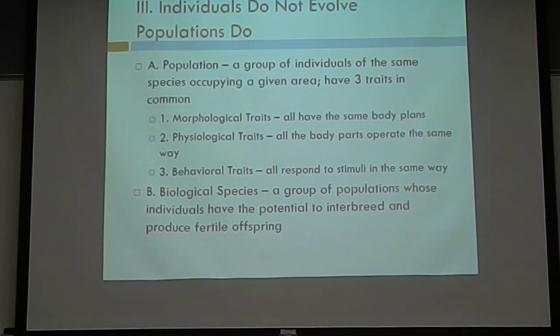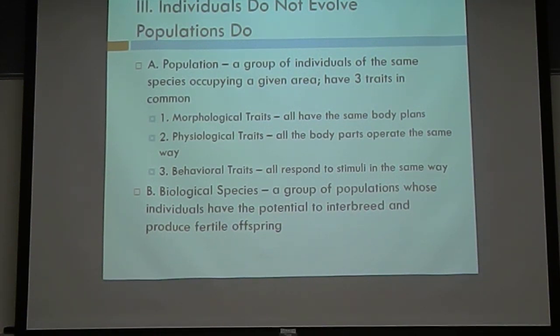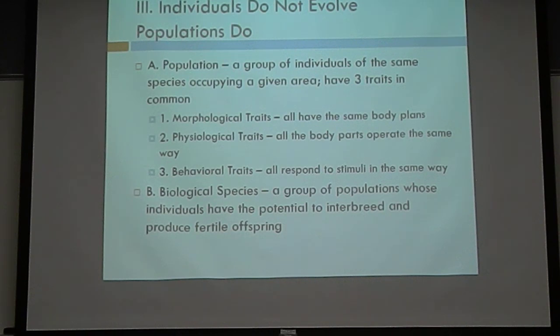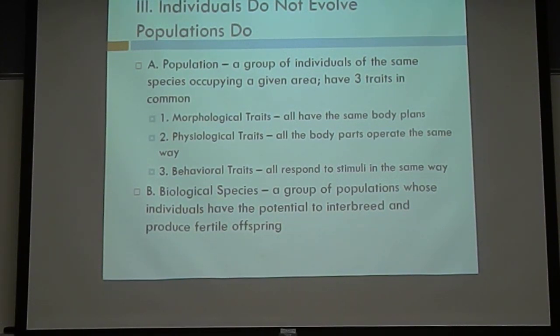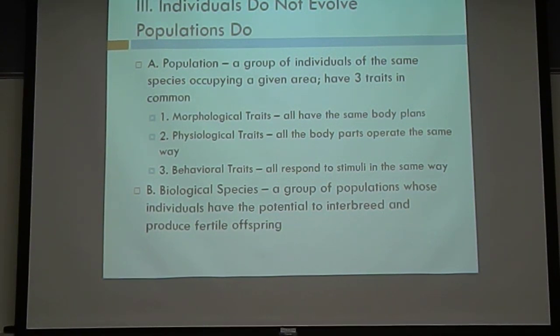All individuals of a population have 3 traits that are similar. Morphological traits: how they look, how their body parts are put together. Even though an Irish Wolfhound and a Chihuahua have differences in size, their bodies are put together fairly similarly, so their morphological traits are similar. Physiological traits are how the body parts work.